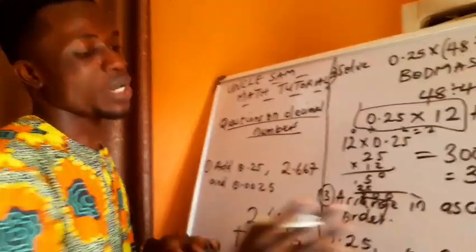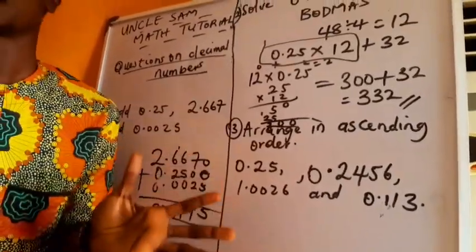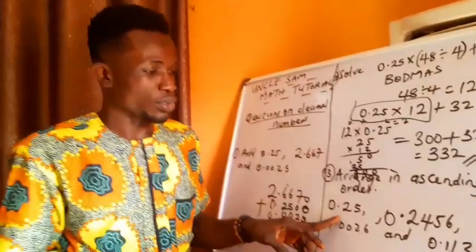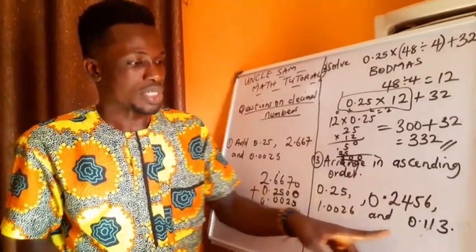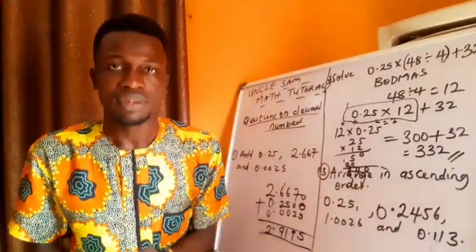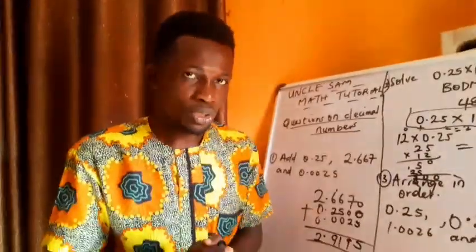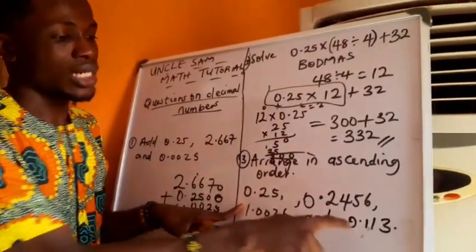Now the last question we have on our list here is arrangement in ascending order. Ascending order means arranging from the smallest number to the highest number. So here you have 0.25, 0.2456, 1.0026, and 0.113. Now for us to know which number is the highest here, the first thing we're going to do is check their beginning numbers. Here started with 0, here 0, here 1, here 0.